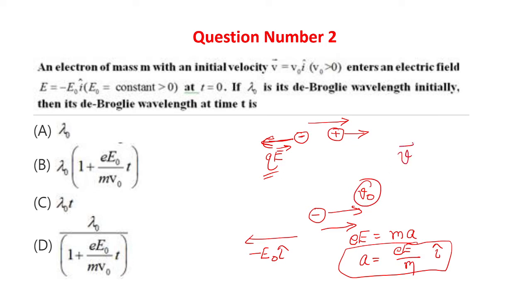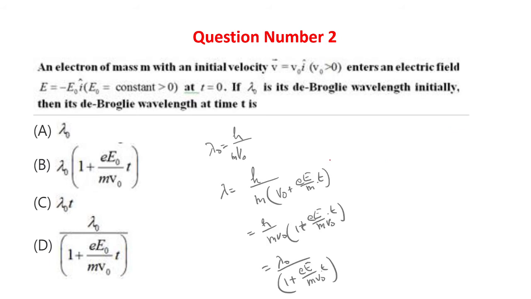So using the relation final velocity v equal to initial velocity v0 plus acceleration into time taken. So this is a new velocity of the electron at any time t. So since initial velocity as well as acceleration are in the same direction, both would carry same sign, hence they have been added.